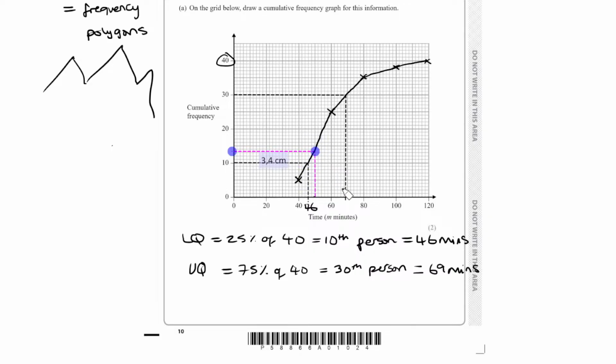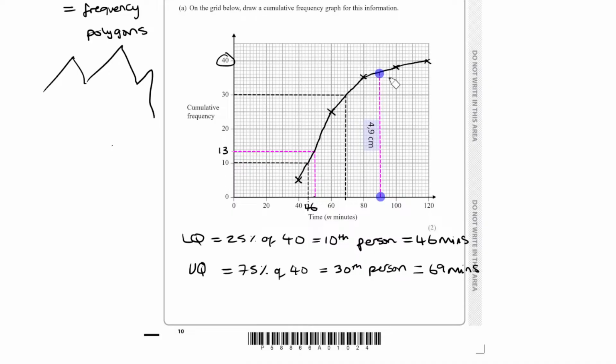of the cumulative frequency. So there, what's that? 11, 12, 13, 13 or 14, I guess. Let's call it 13 because we can't have half a person, can we? 13. And then obviously at 90, which is here, do the same thing.